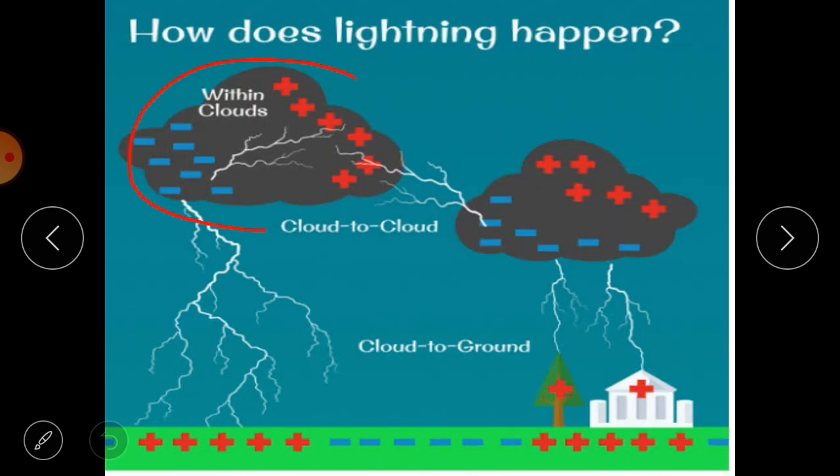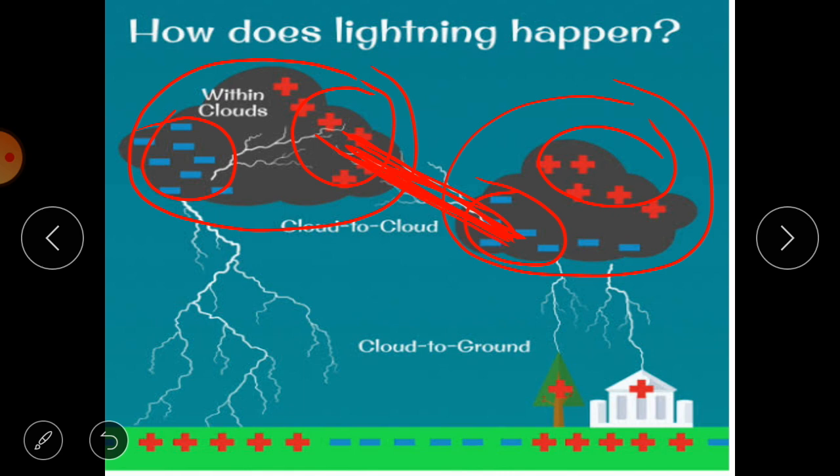Here in this cloud you can see positive charges are there, here negative charges are there. Here in this cloud positive charges are there and negative charges are there. When these positive and negative charges come closer, then this lightning occurs. So here it is cloud to cloud lightning.